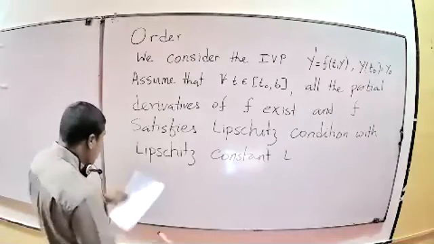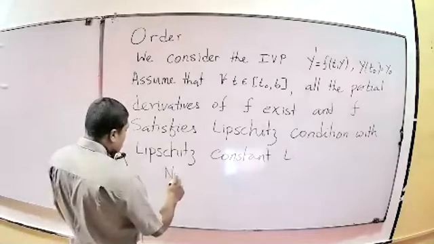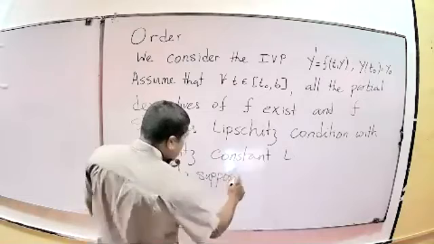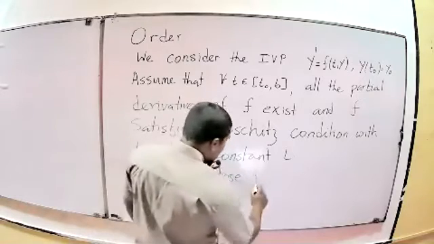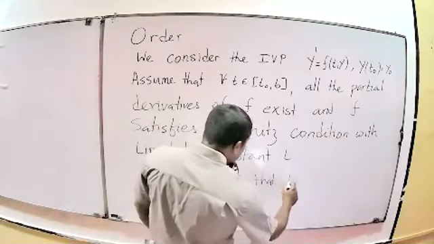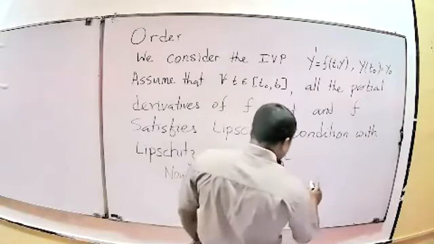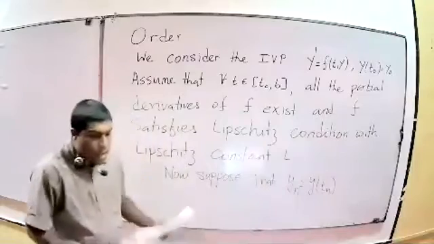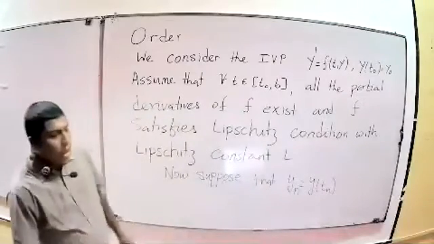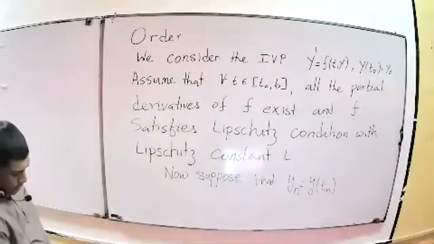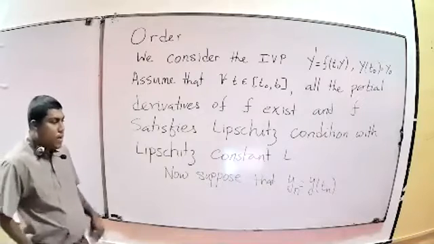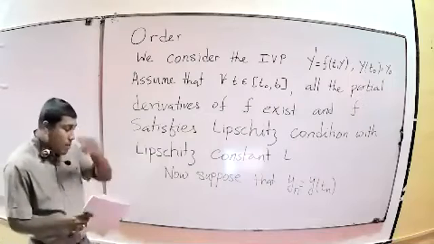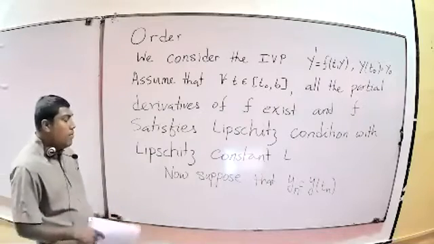Also suppose that at t n, the real value and the approximated value, that is the computed value, are the same.